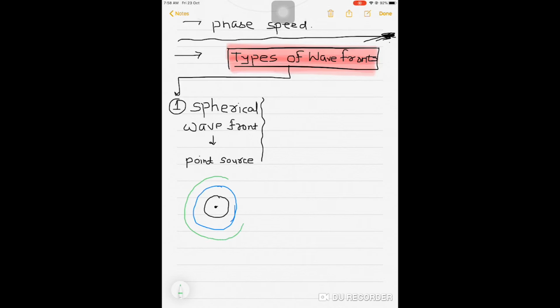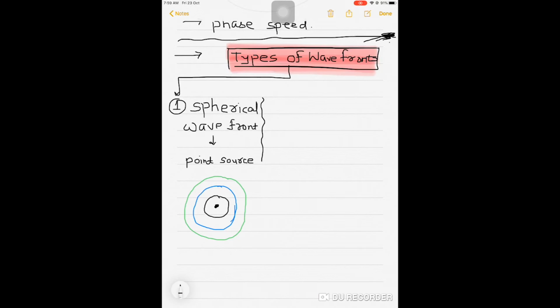All these are different wavefronts in spherical shape located in all directions, but it is to be remembered that their source is a point.